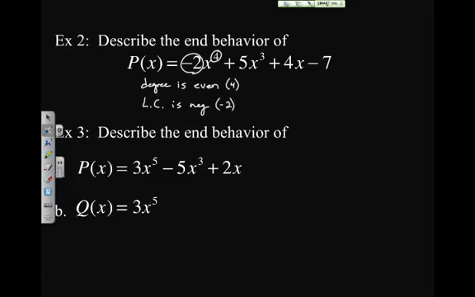2. So what that tells us is, because the degree is even, it kind of acts like a parabola as you go to the left and to the right. And since the leading coefficient is negative, that means the graph is opening down. So we would say as x approaches negative infinity, and remember that means as you go to the left, y approaches negative infinity, that means it goes down.